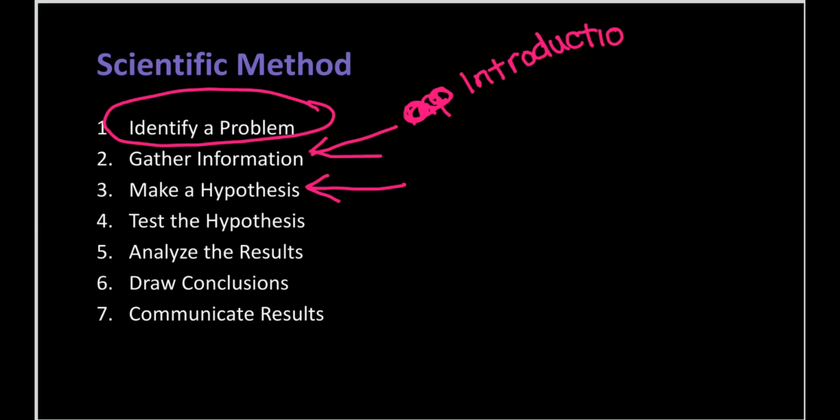So an important part of the scientific method is gathering information before you even start your experiment. What have others done? What is known about this topic? So you can be informed when you're working on it, because you don't want to test something that 100 other people have already tested if you're designing your own experiment, because it's already been done. It's not really interesting or useful.